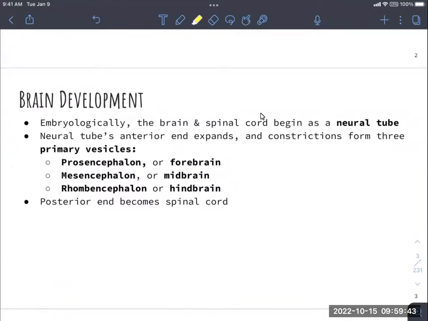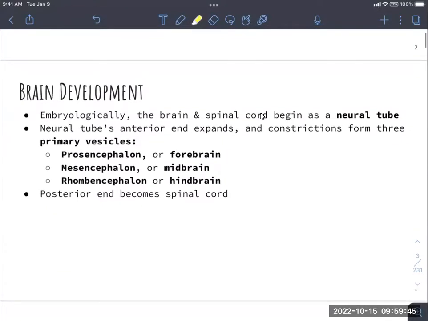So, when our brain developed, our brain began as part of the neural tube in utero. And part of that neural tube ends up making three different vesicles that turns into the different parts of the brain.